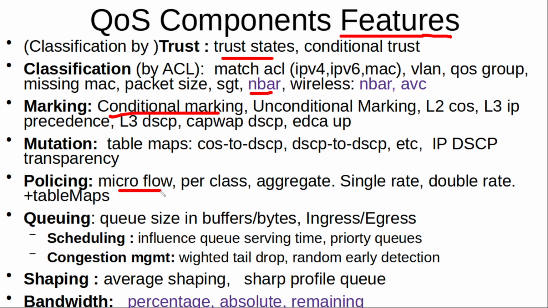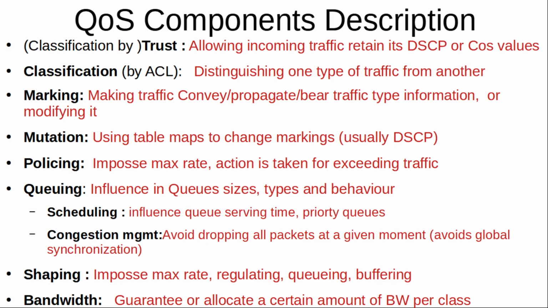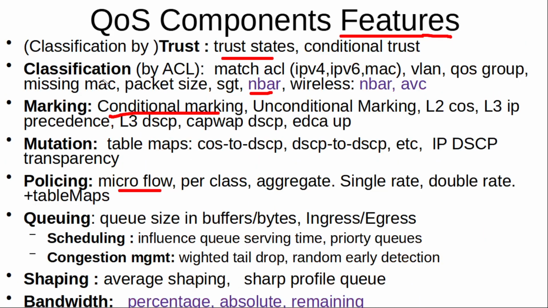These are particular Cisco features, and these are the theoretical description for each of these components. In later sessions, we are going to see how to configure these components, and in more detail, how to configure these features. That's it.